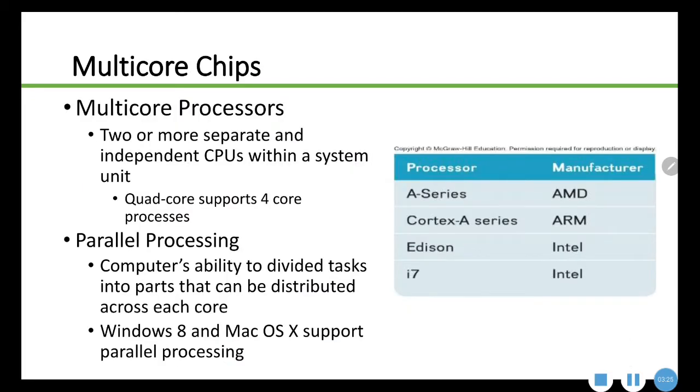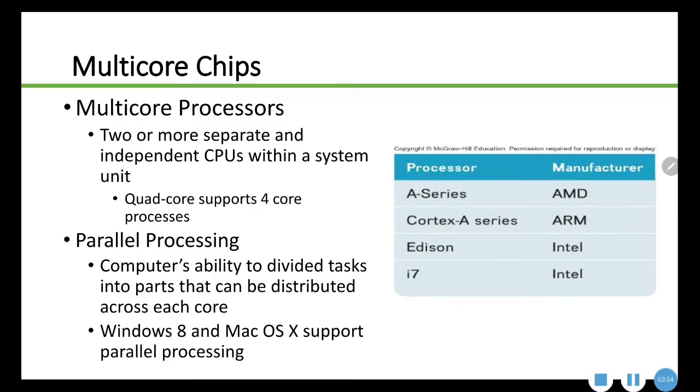Okay, the multi-core chips. Multi-core processors are 2 or more separate and independent CPUs within a system unit. For example, quad core supports 4 core processors. And then we also have parallel processing. In parallel processing, computers have the ability to divide tasks into parts that can be distributed across each core.